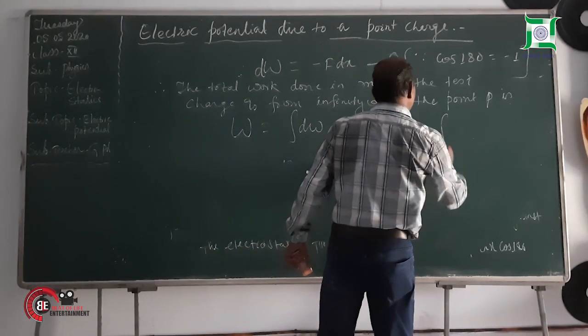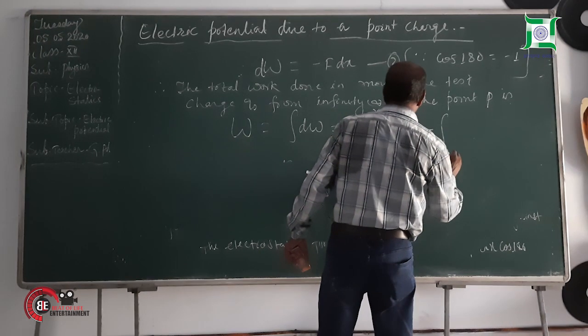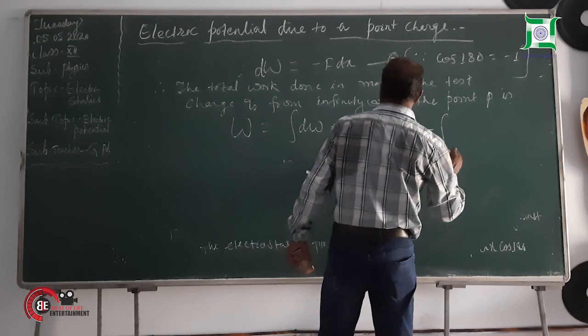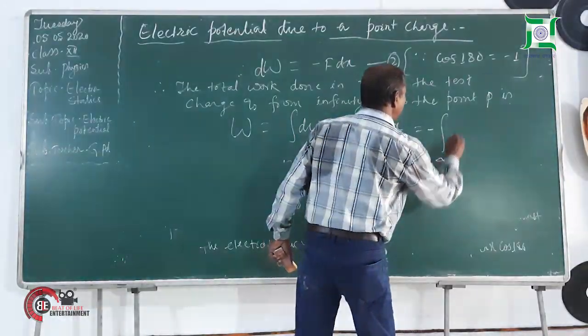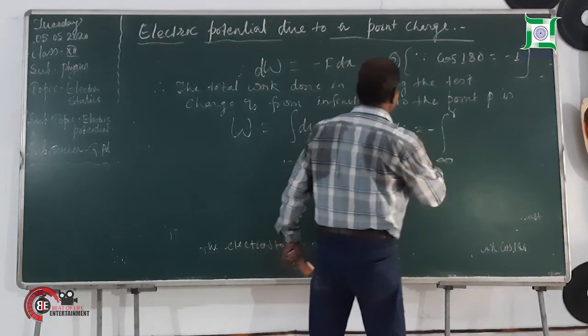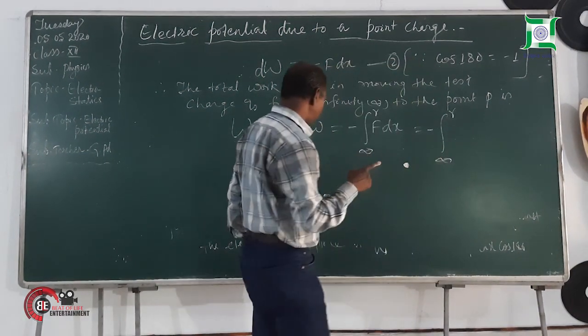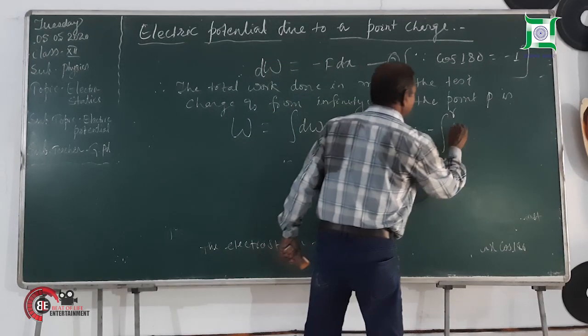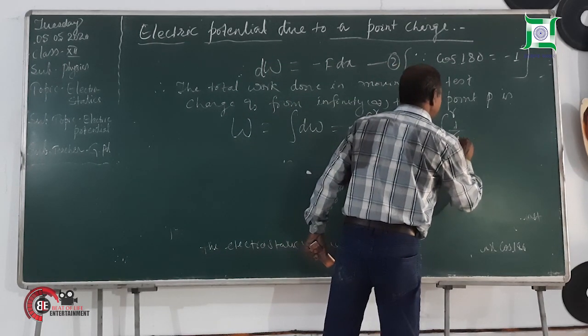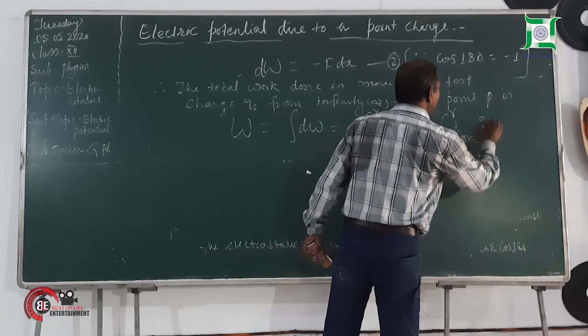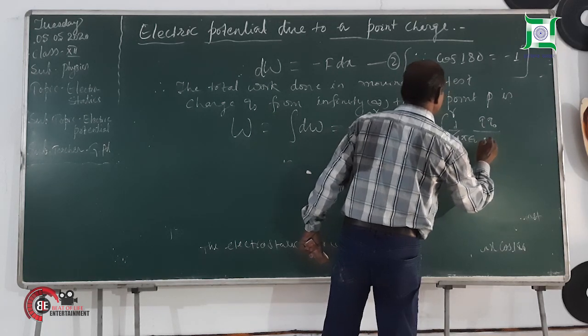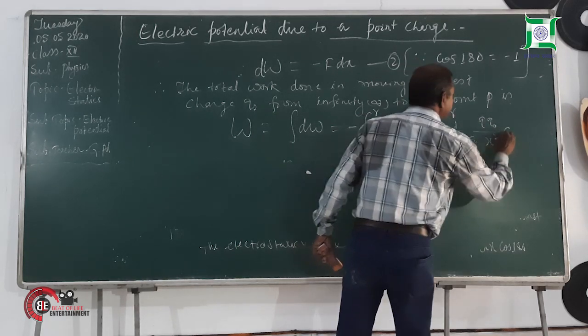This will be equal to minus integration from infinity to the point r, and we put here the value of force, 1 by 4 pi epsilon naught into Q naught divided by x square dx.